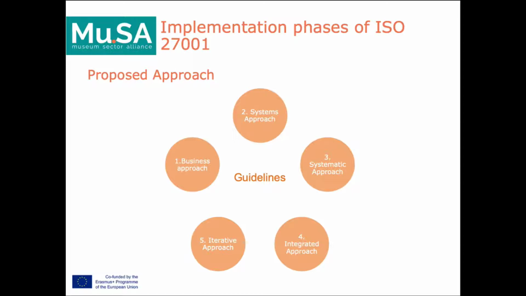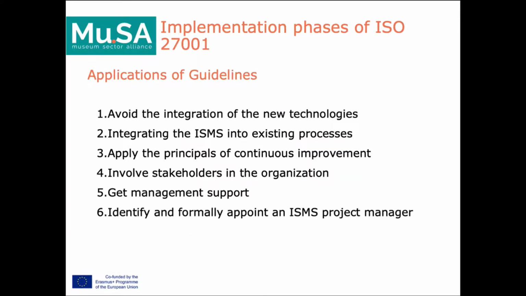And fifth, iterative approach. Rapid establishment of minimal processes and its improvement thereafter in an initial application domain where the actors are identified and involved and the process defined. Some recommendations to address properly this principle in the field is first, to avoid the integration of new technologies.